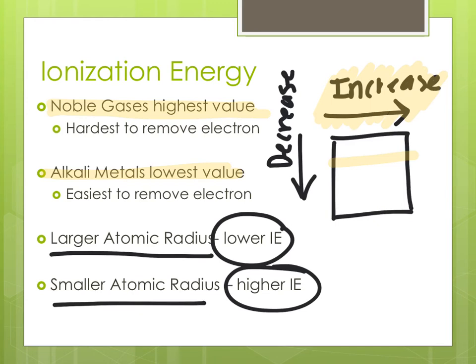But the addition of protons as you move across the periodic table makes the nucleus hold on tighter to those valence electrons in the second energy level. So as we move from left to right, there's going to be an increase in the ionization energy because the nucleus is holding on tighter to its valence electrons. So it's going to require more energy to then remove those valence electrons.